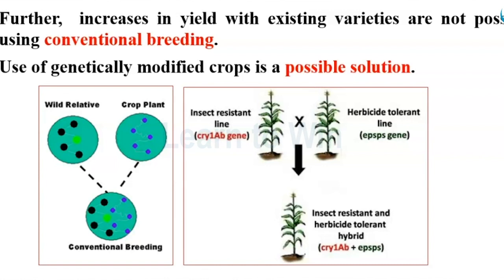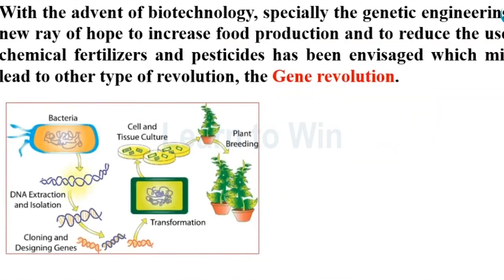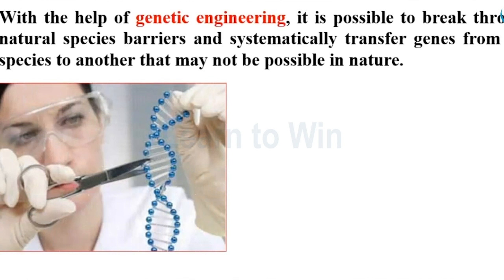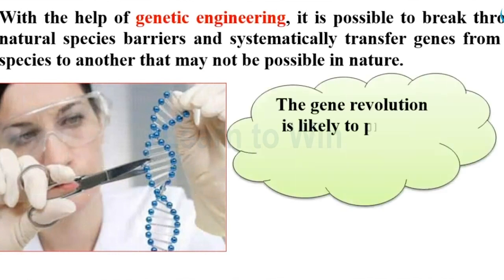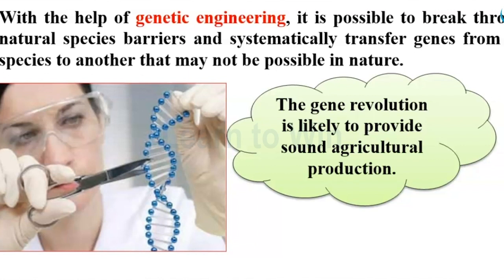Then I am solving my problem. And this modification cannot be achieved by conventional breeding. It can only be achieved by genetic engineering. And what is genetic engineering? You are breaking down the barriers of genes by transferring genes of one species into another species, or by altering the existing genetic condition of an organism and producing something huge.